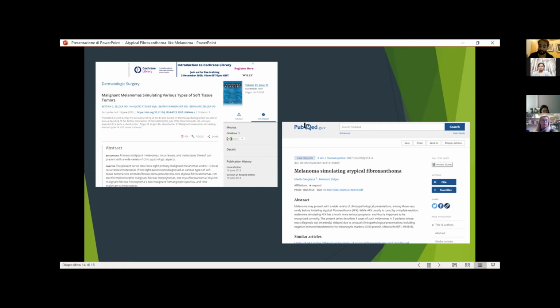Another very important aspect is that the lesion in our case had a large maturation, making it impossible to identify an area of melanocytic junctional proliferation that would have helped the diagnosis of melanoma, also using hematoxylin eosin.